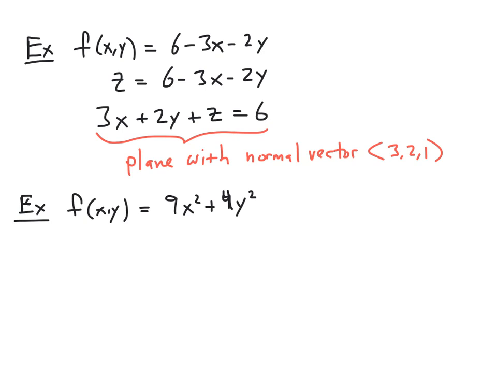So if we wanted to figure out a graph of this, we really don't have a choice unless we want to plot some points in three-dimensional space and try to figure it out that way. But usually the best thing to do is to use technology to get an idea of what this would look like.